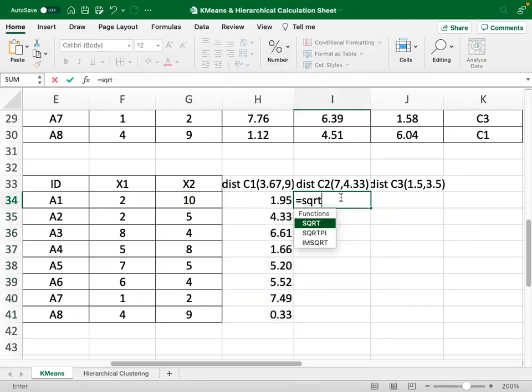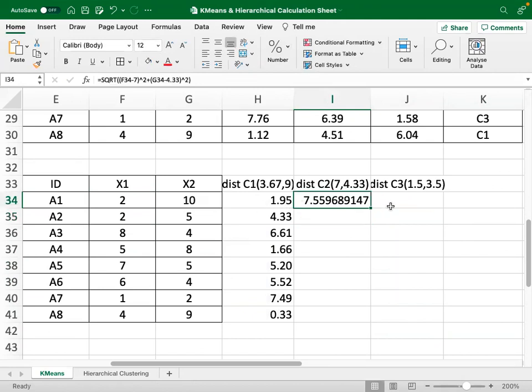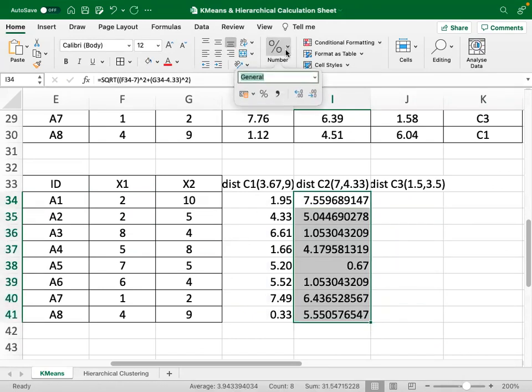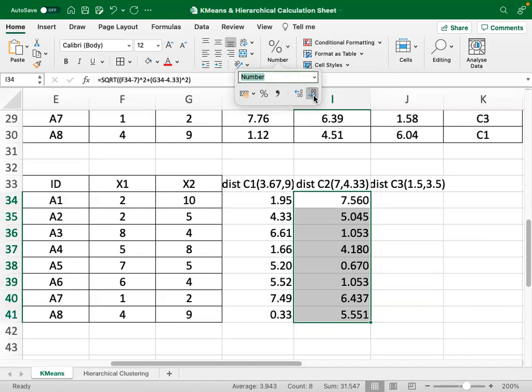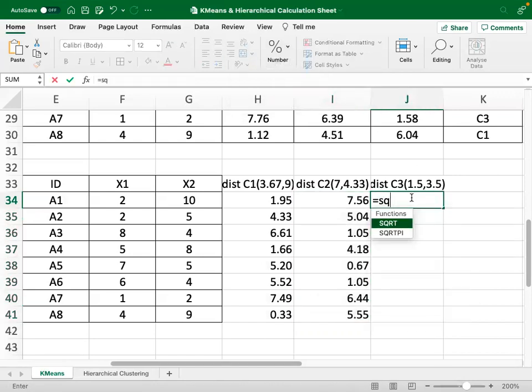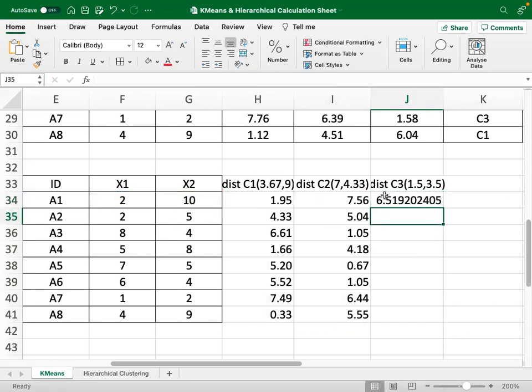It is equal to SQRT, open two brackets, 2 minus 7 to the power of 2 plus open bracket 10 minus 4.33 to the power of 2. Close bracket, enter. This is SQRT, open two brackets, 2 minus 1.5 to the power of 2 plus 10 minus 3.5 to the power of 2. Close bracket.